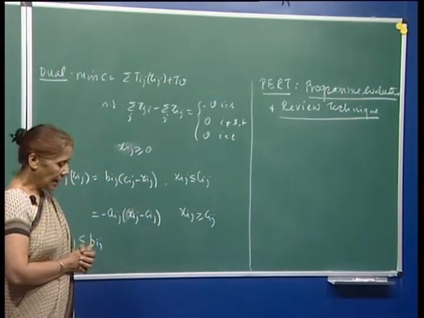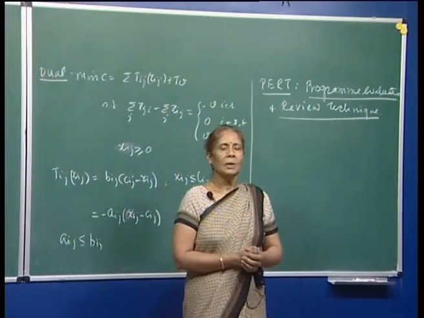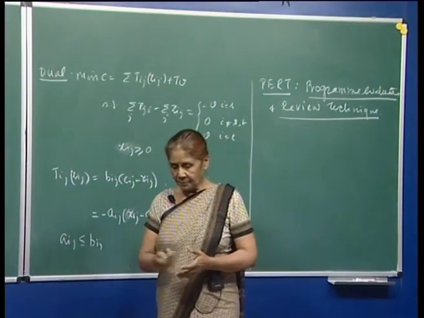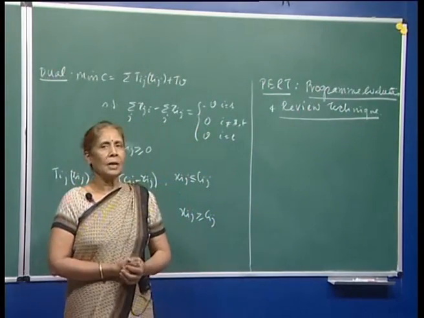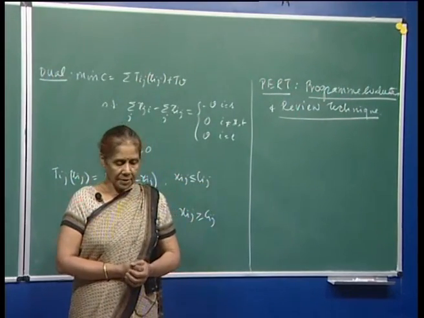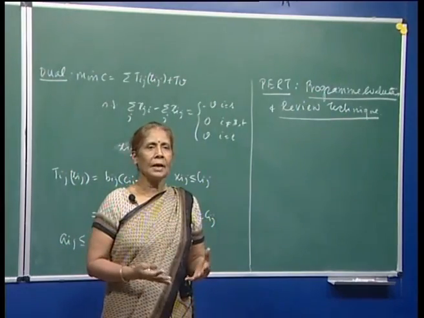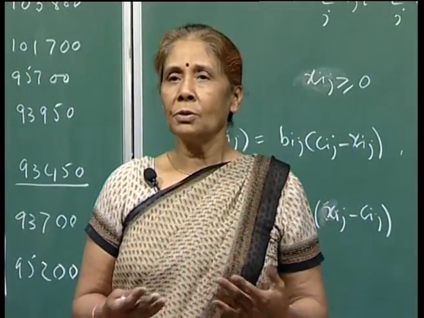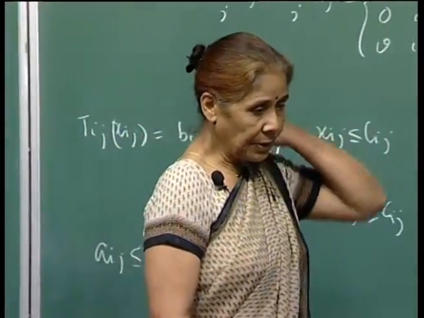But PERT comes in handy when it is a new project. For example, our space center has been building these Chandrayaans, and this is a completely new project. When they sent Chandrayaan 1, there were a lot of new things which they had not done before, and they could only go by estimates, and even a single estimate may not be enough.